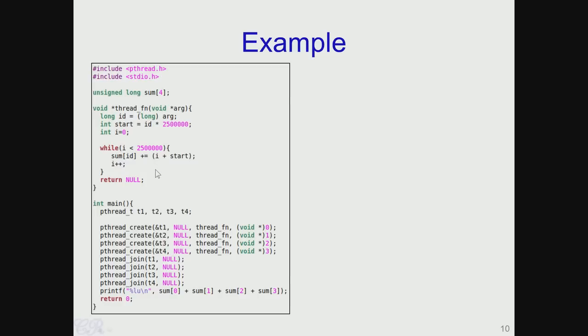to 2.5 million. Now, in addition to this, what is defined is a global array called sum. So, this is an unsigned long array of 4 elements. Now, this sum is used to accumulate the sum for each thread. So, sum[0] would contain the sum of the numbers from 0 to 2.5 million, which is filled by thread 0 or thread 1, that is the T1 thread.